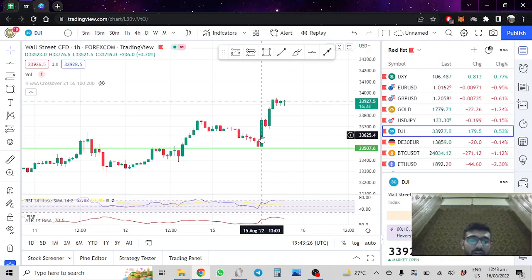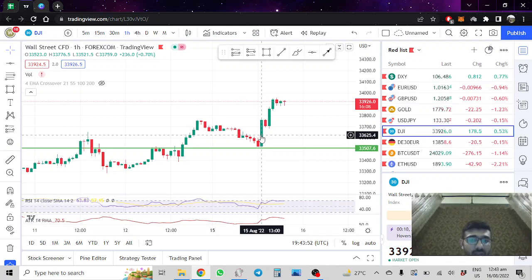So in this kind of situation we do not want to take a trade, because this is a huge movement and we do not know what is going to happen. This movement can be on either side. It can be with the movement that you are taking a trade or even against you.